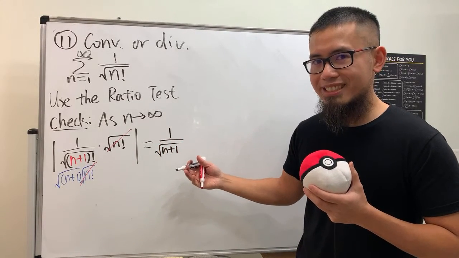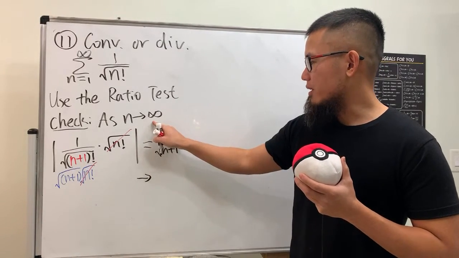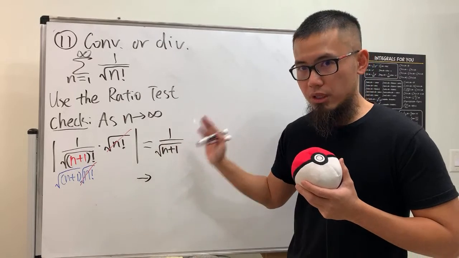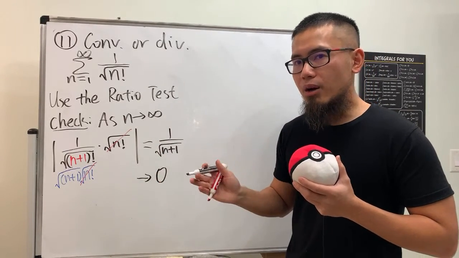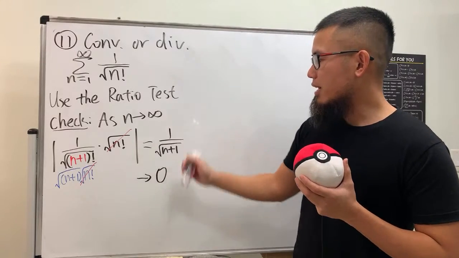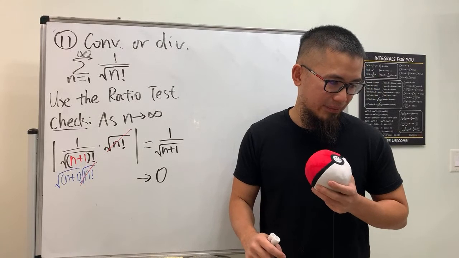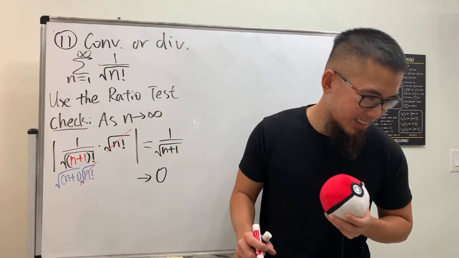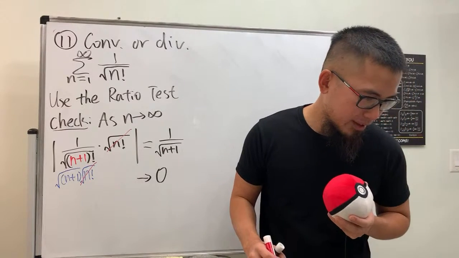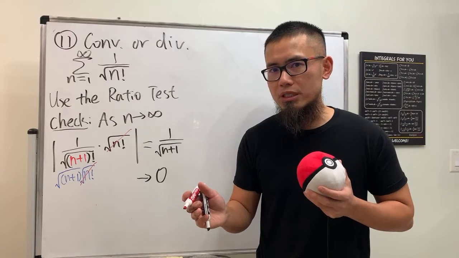Now, can we take limits? Certainly. As n goes to infinity, this is just 1 over infinity, and that will give us 0. And now, when we are using the ratio test, what does the 0 tell us? Converges, but what's the number that we're using to compare with?